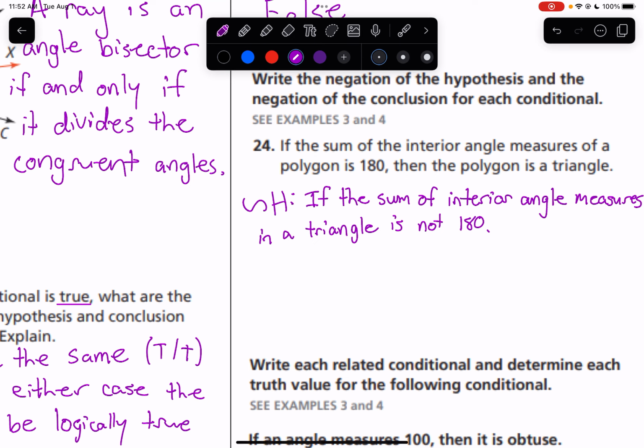That is just the negation of the hypothesis. We also want to write the negation of the conclusion. So then the negation of the conclusion would be, then the polygon is not a triangle. We're just making it the opposite. So we'll say the polygon is not a triangle.